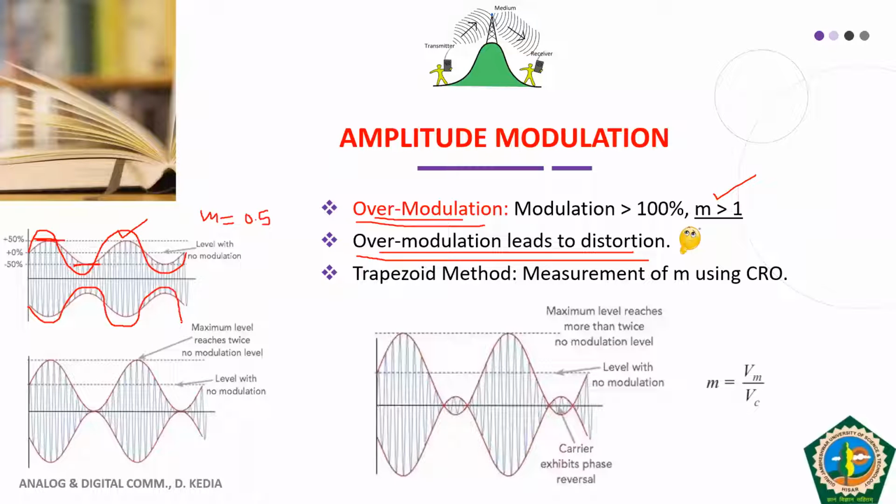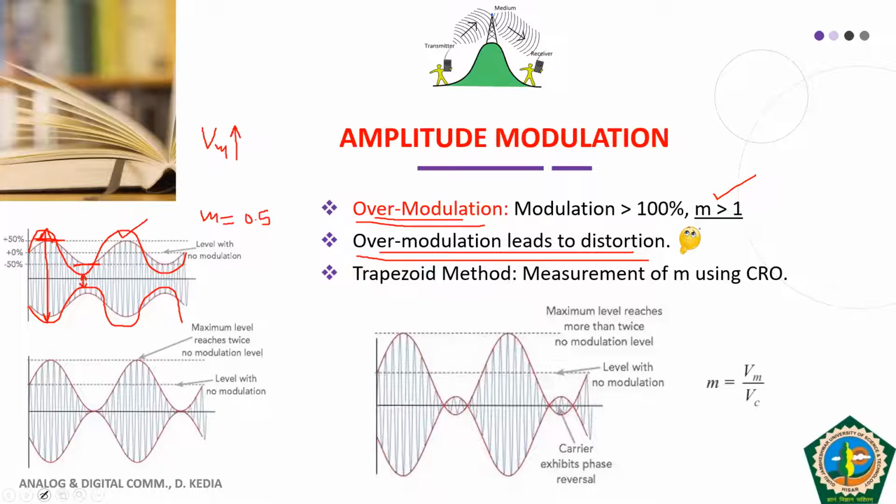What is happening as you increase the amplitude of the modulating signal? The gap between the Vmax values is increasing, and the gap between the Vmin values is decreasing. Those Vmin values are coming closer.